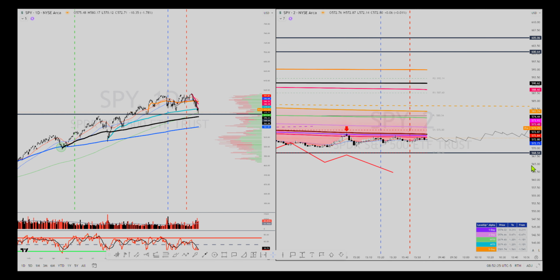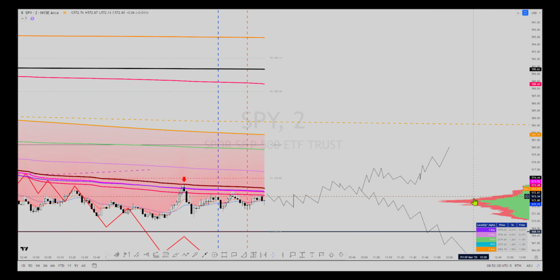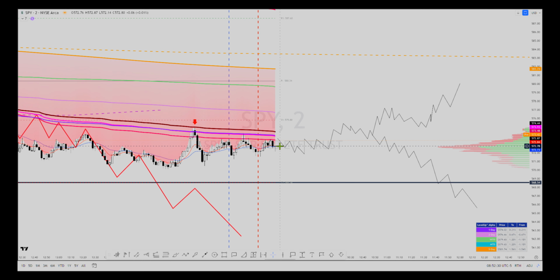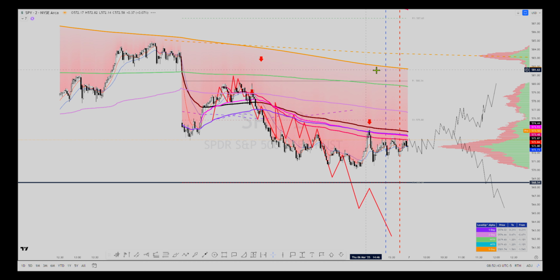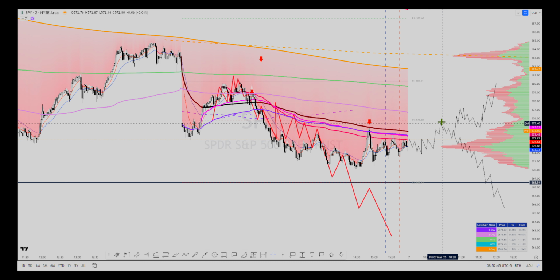A couple situations to monitor for: the key thing is to get above that daily VWAP and the gap VWAP. That could potentially get a squeeze into that 3 day VWAP to the week to date VWAP at 580, which would be that round number. Got the 5 day moving average that's declining down here.